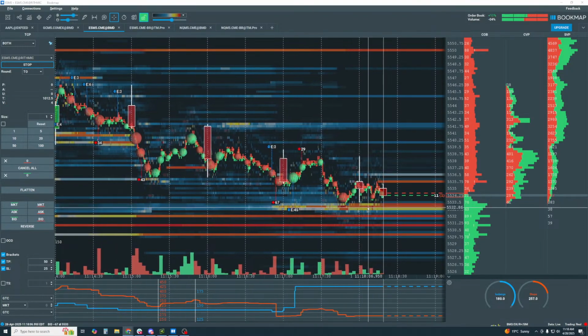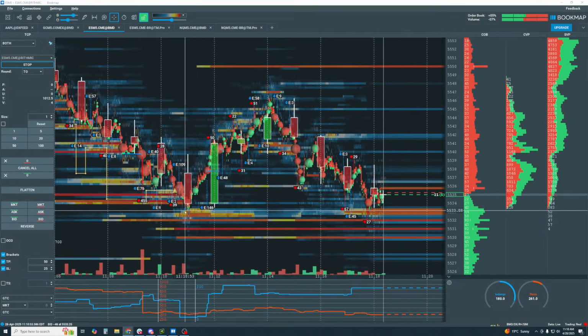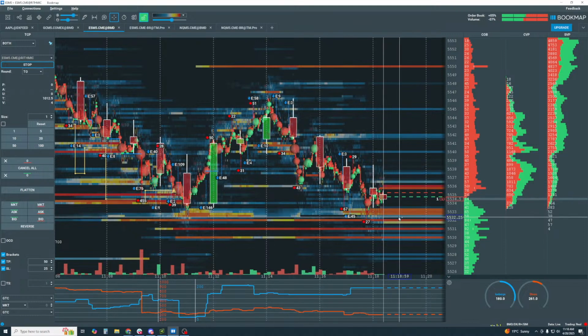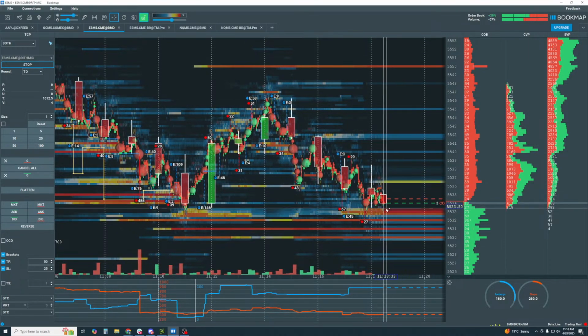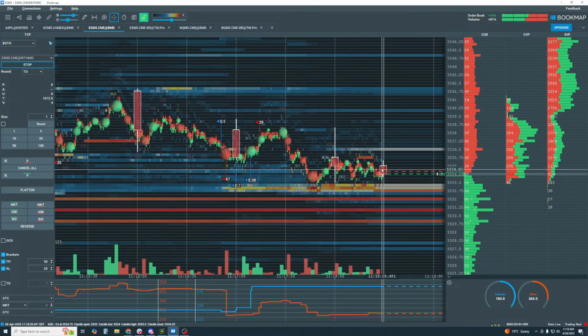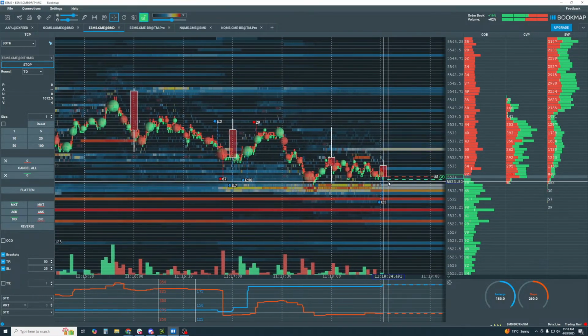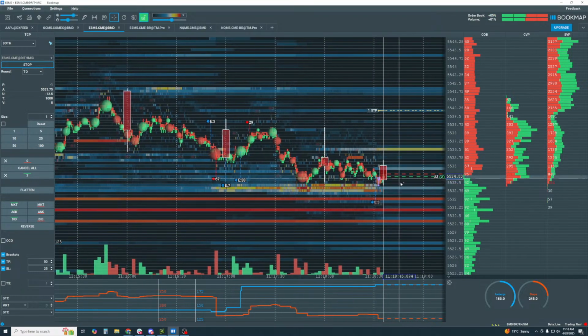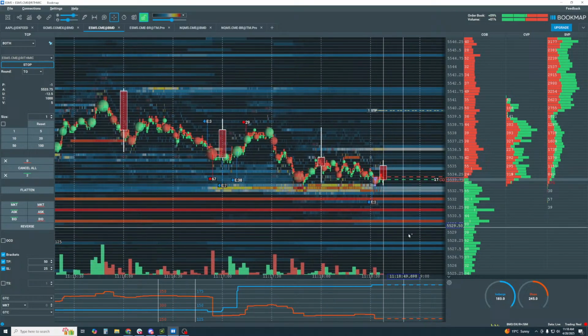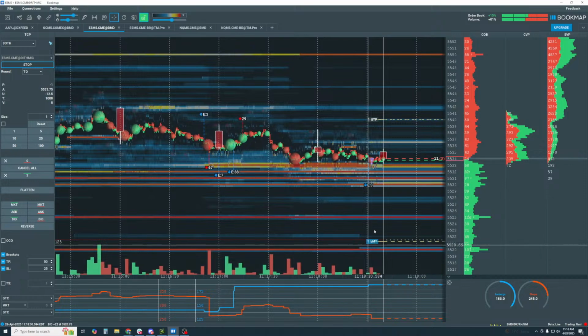Now all it's done is come back down to the swing here, right? So if we get enough selling in here, and it's starting to show, all right, we'll go for it here. And we're looking for follow through again by the sell side to the downside here.